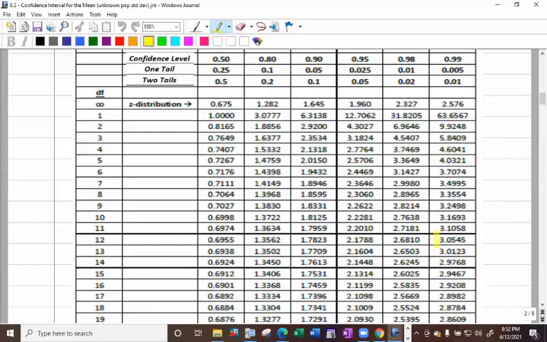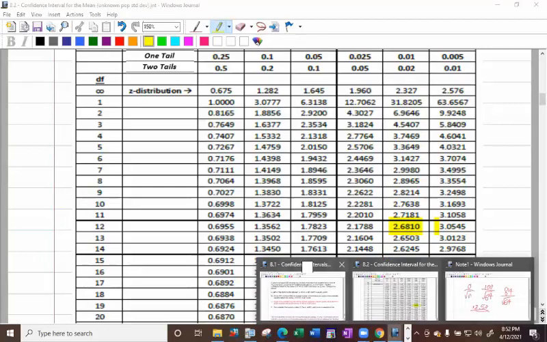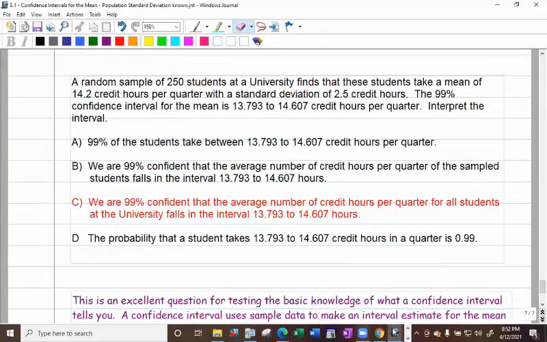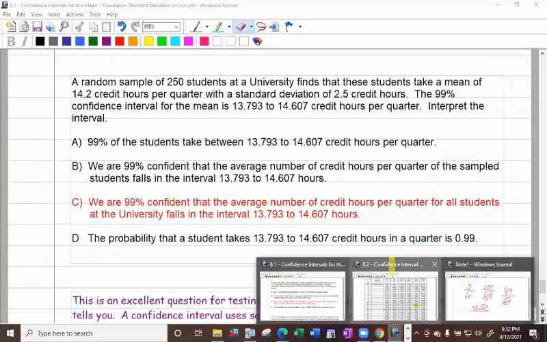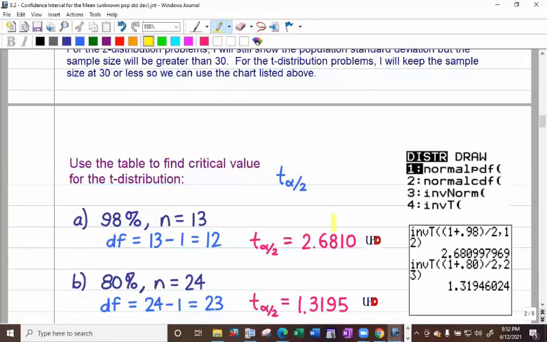And 12 right there in the middle. Oh, wrong row. Right there. 2.6810. Ta-da!